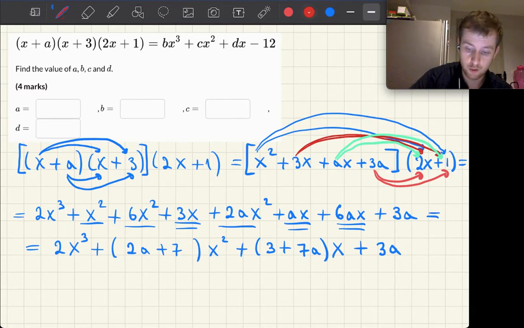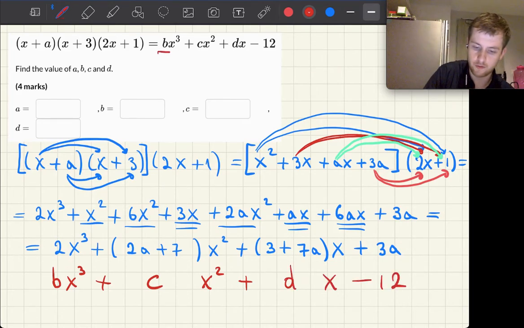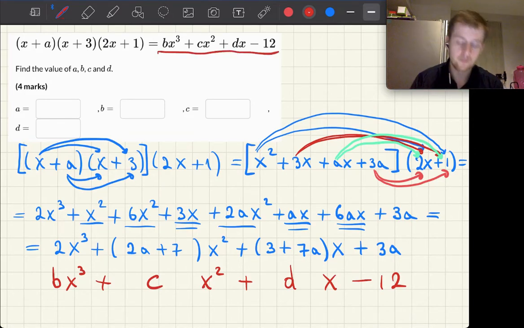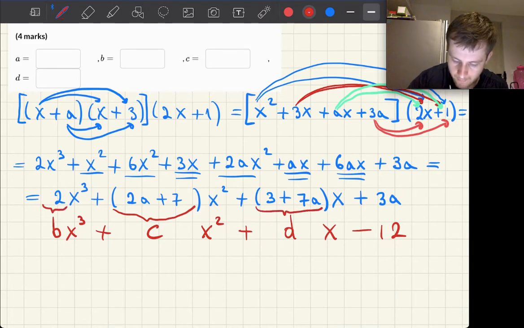Okay, so this is our bx cubed. This is our cx squared. This is our dx, and this is our 12, if you look at this expression. So we can see that this is our c, this is our b, this is our d, and this is our a.